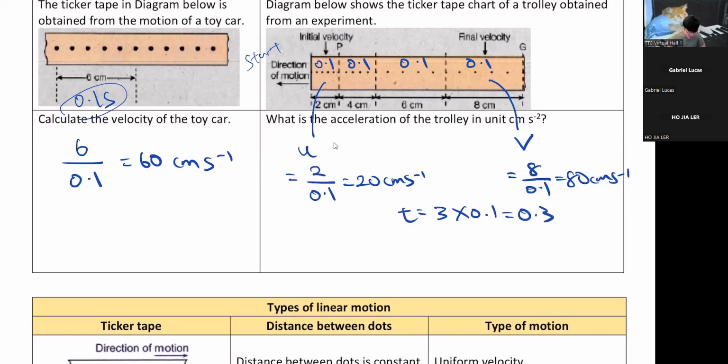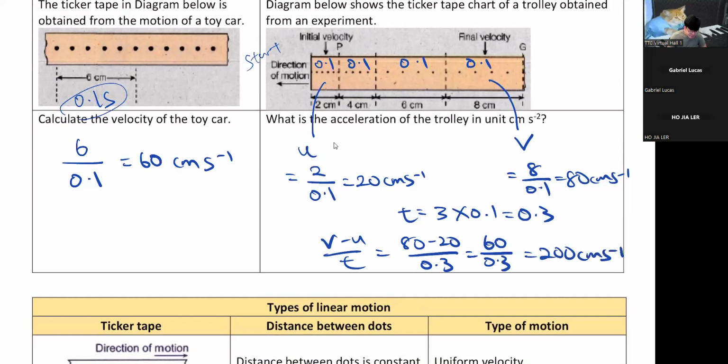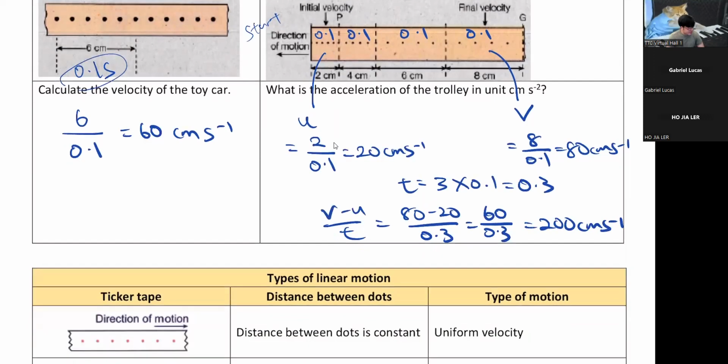So just put everything together. V minus U over T. 80 minus 20 over 0.3. So it's 60 over 0.3. I would get 200 cm per second. So this is my final answer. You guys get this?